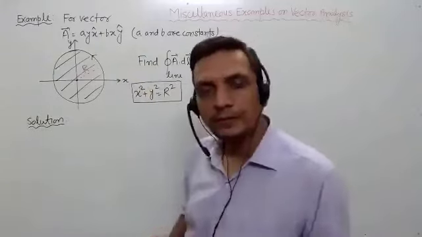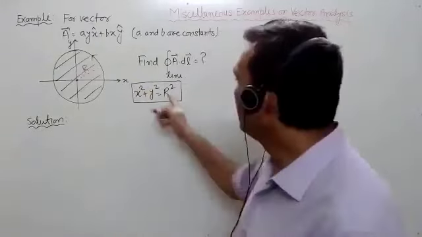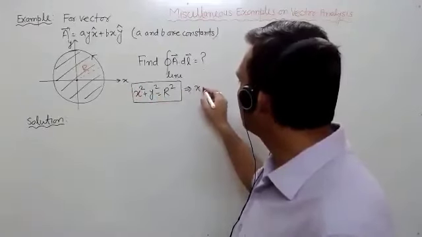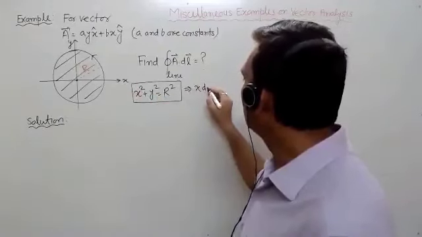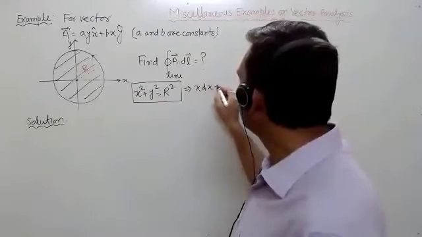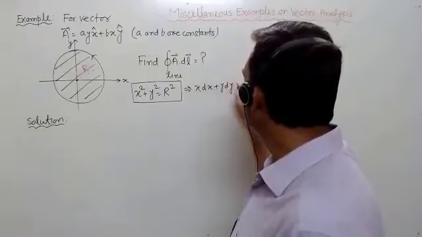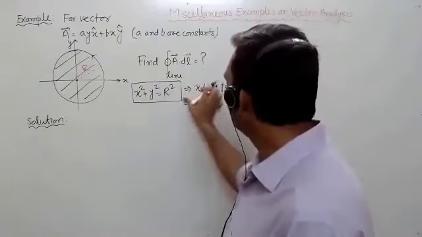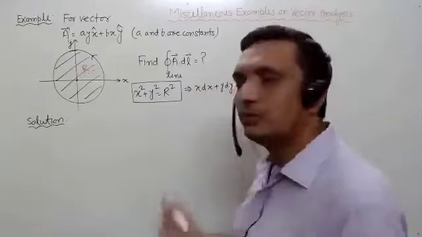This is the equation, so you have to relate x and y. If you differentiate this, you will get twice x dx plus twice y dy, or finally x dx plus y dy is 0. The 2 will cancel out, and that relates x and y.